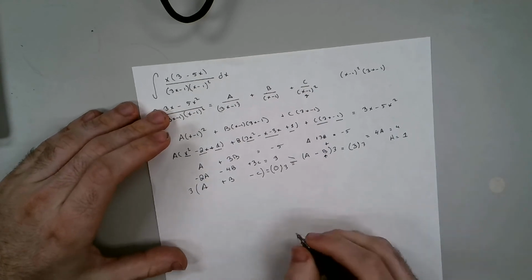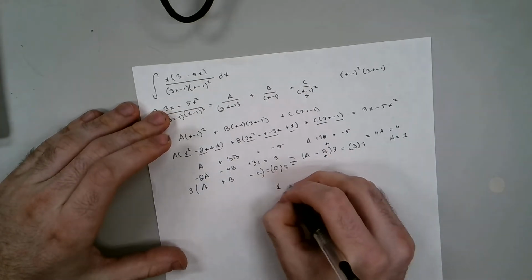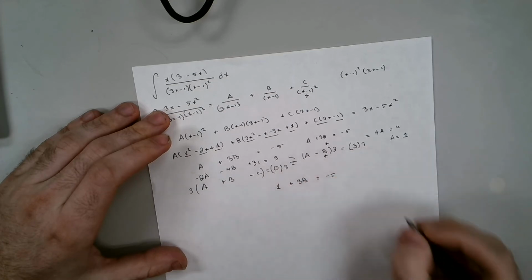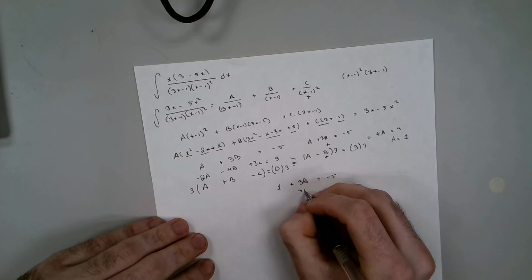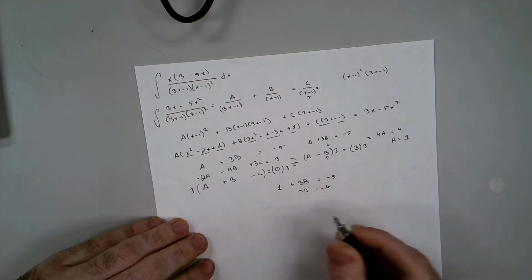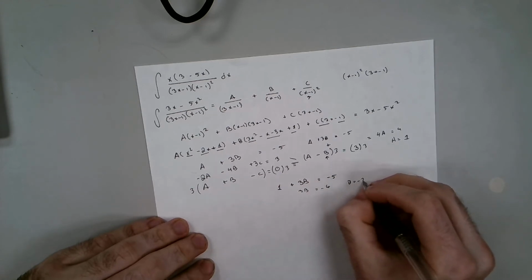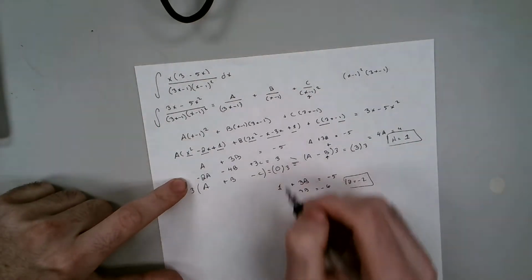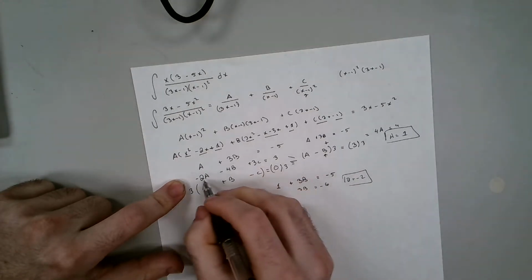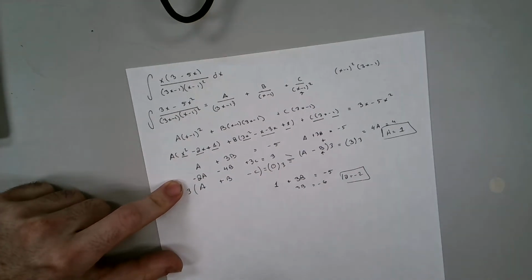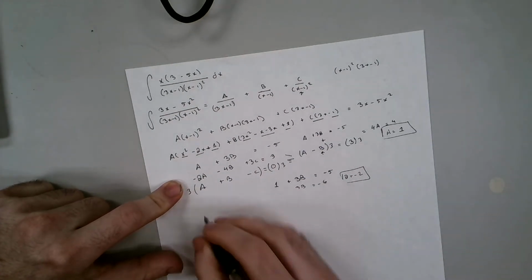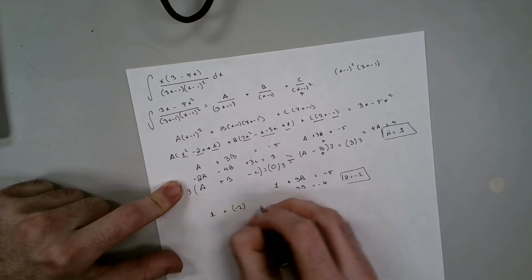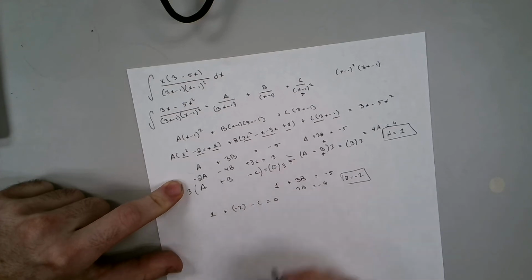So now that we know that A is equal to 1, we can plug it into our equation. A plus 3B is equal to negative 5. That would mean that 3B is equal to negative 6, so B has to be equal to negative 2. Now we can solve for C. We can choose either one of these equations. These ones have constants, and I don't like adding numbers together, so I'll just choose the bottom one. A plus a negative 2 minus C is equal to 0.